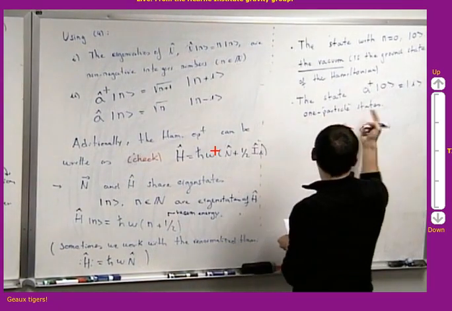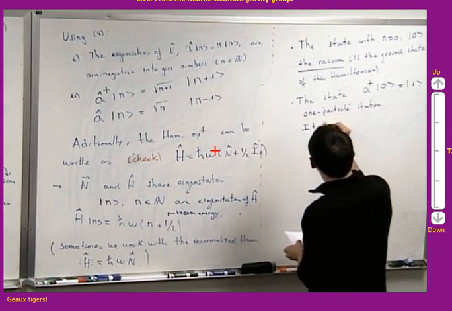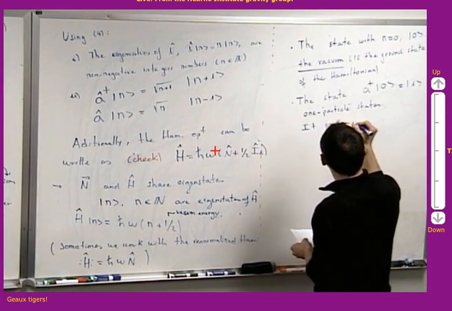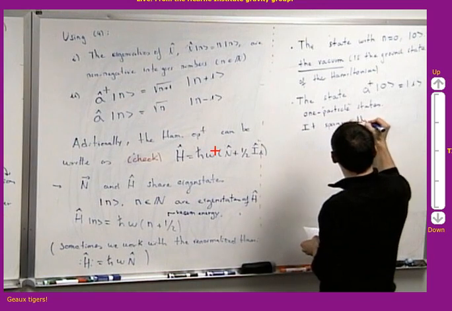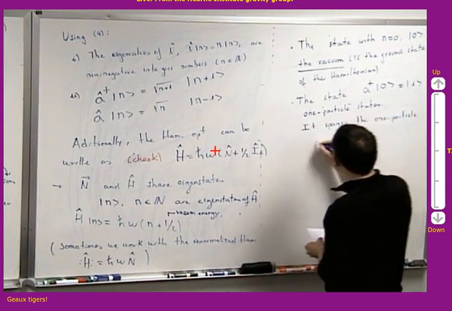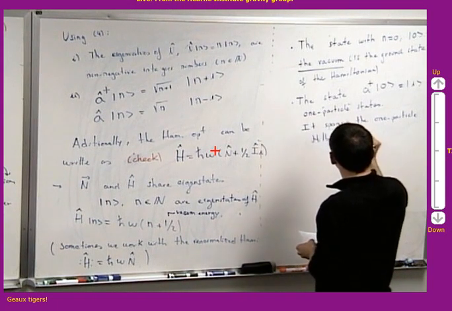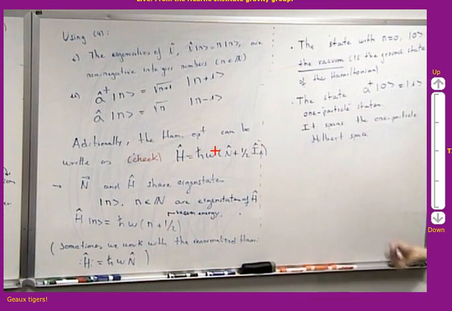So this state, there is only one. It spans what we call the one particle Hilbert space. Doing linear combinations of that state, you get just a one-dimensional space that we call the one-particle Hilbert space.